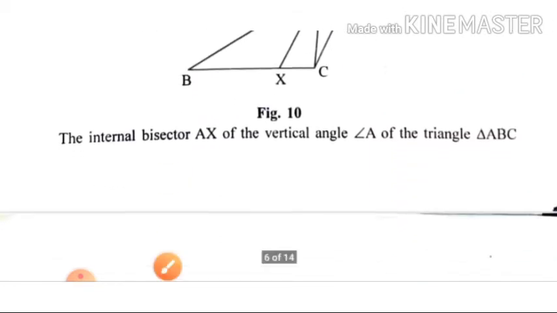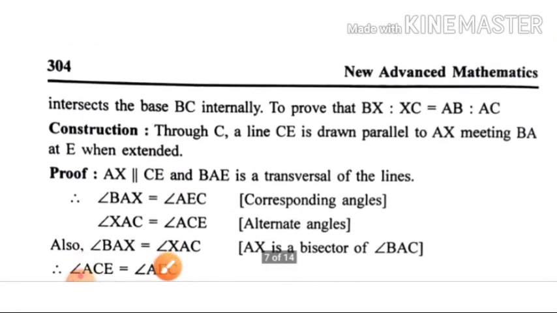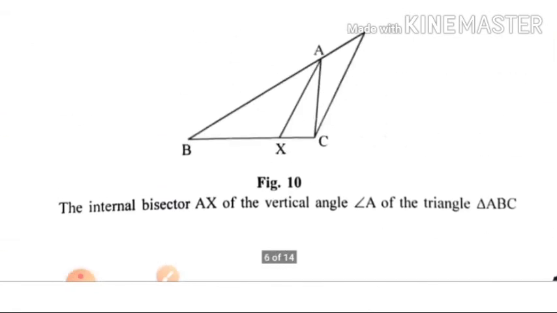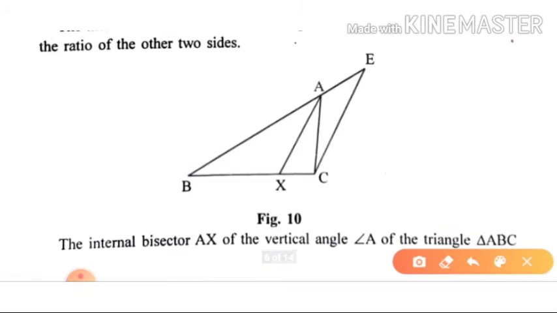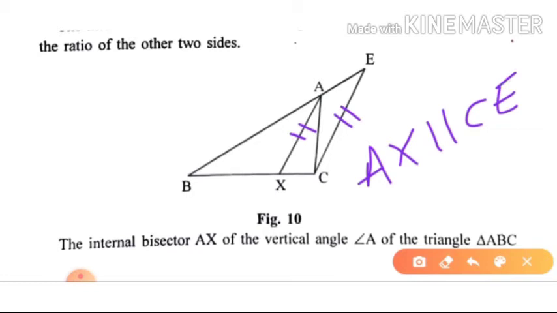Okay, now the proof is given here. For this, we have to draw a line through C which is parallel to this AX, in such a way that CE is parallel to AX.